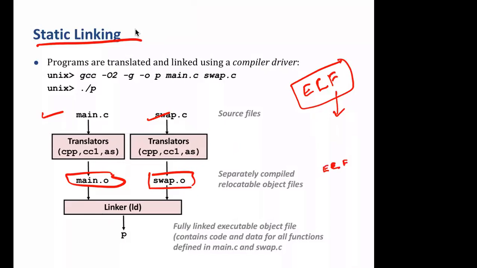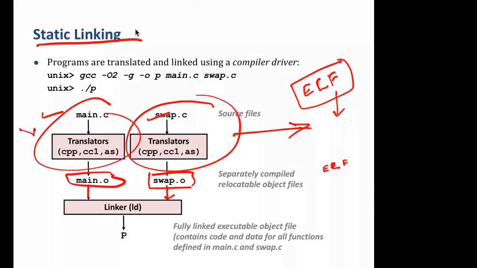These two, which are usually in the form of ELF files, get linked, because this could be written by somebody else, and this is written by you. After these processes you have object code, and this object code gets linked because they need to be combined.